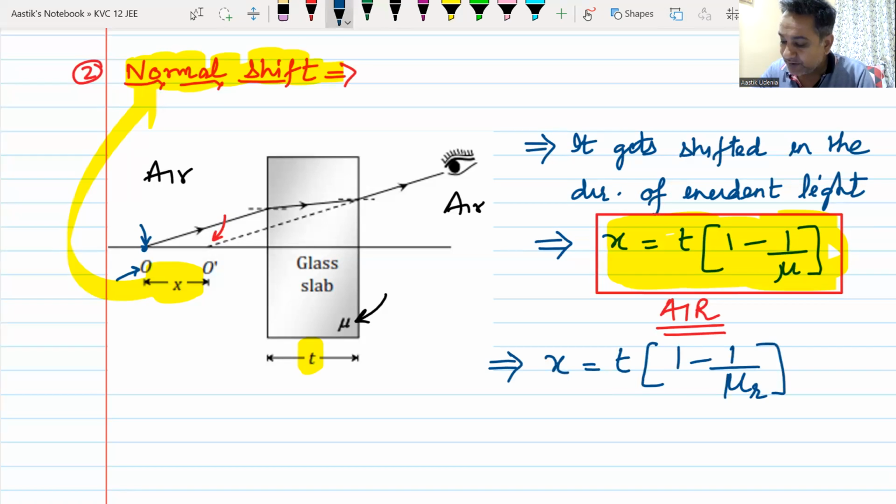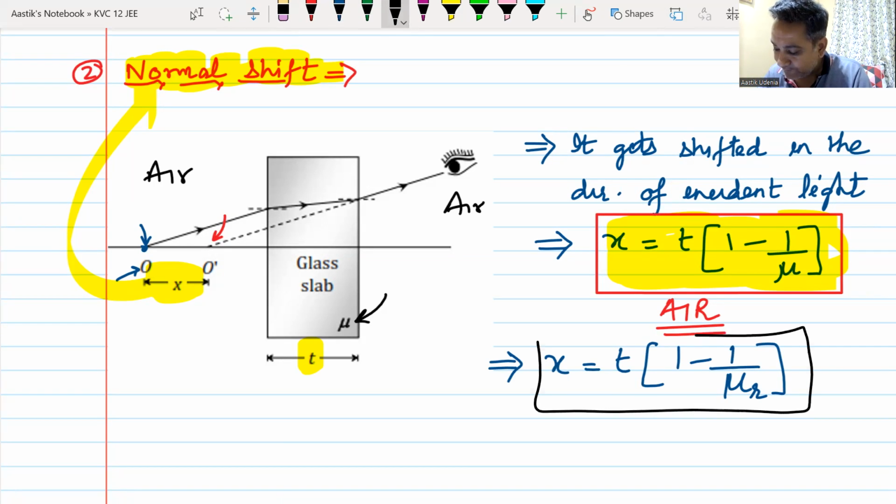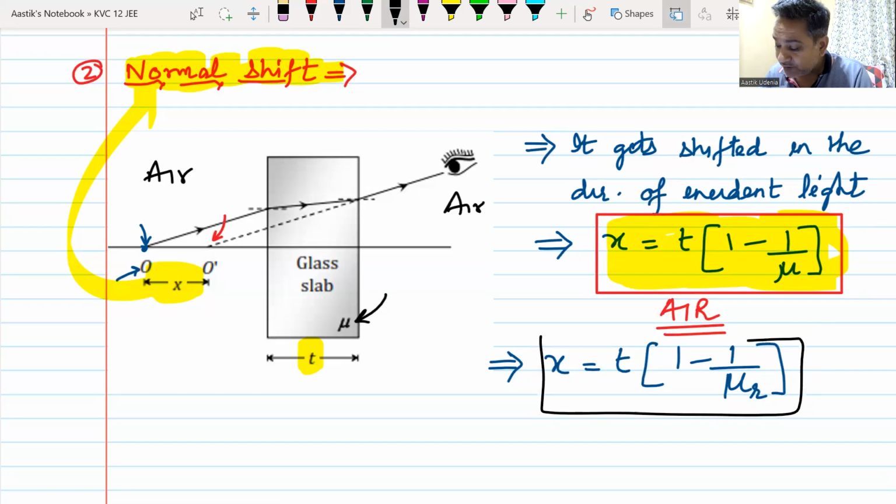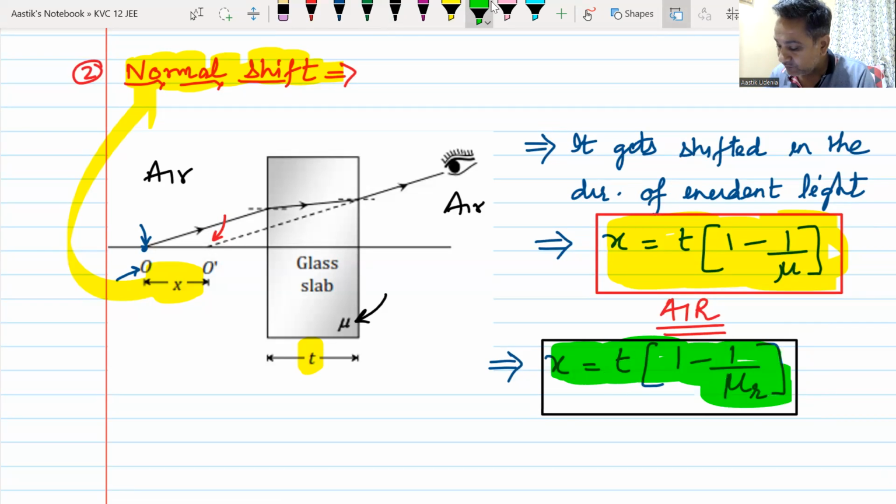Anyone who tells me what is this mu R? Relative refractive index. Relative refractive index of what?